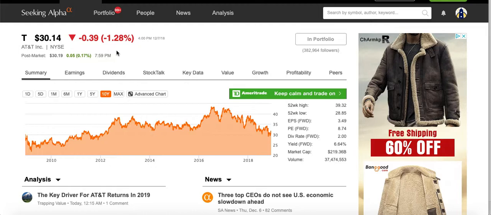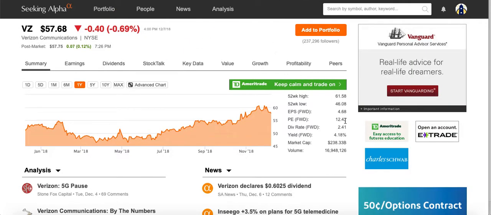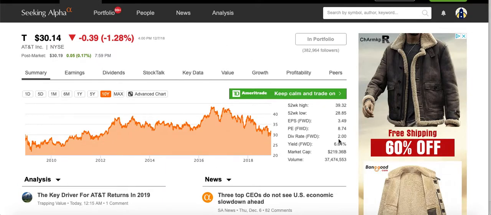That's kindergarten analysis. Because the market is telling you it's willing to pay more for this company's earnings, which are almost identical to this one's, and the yield is less. So I'm going to earn 4% on my money versus 6.